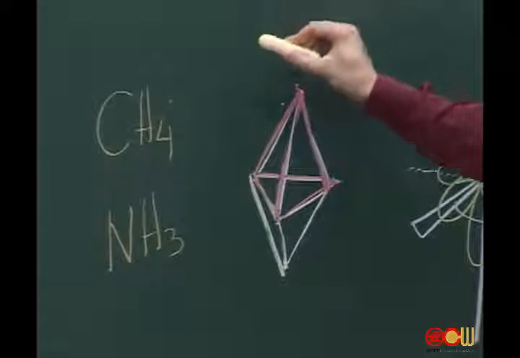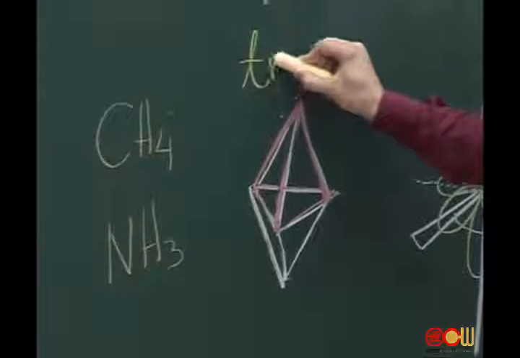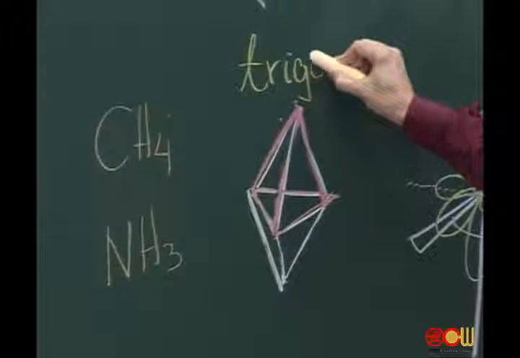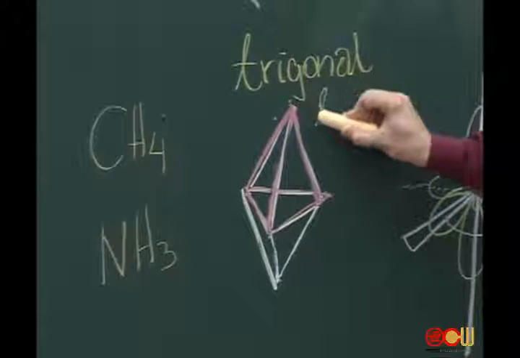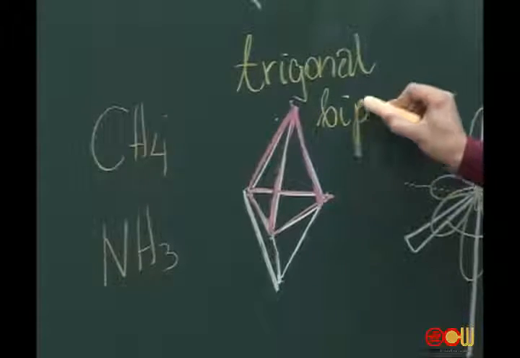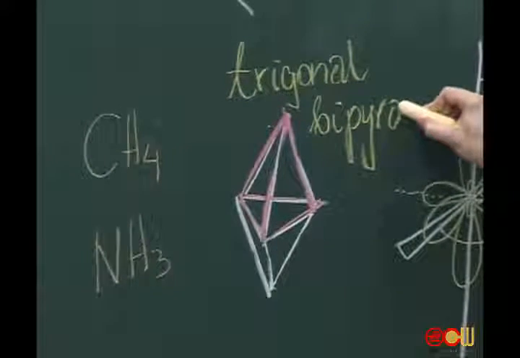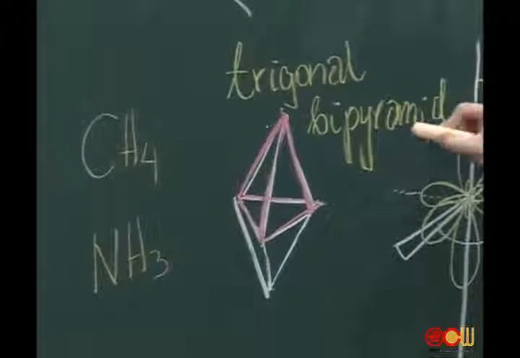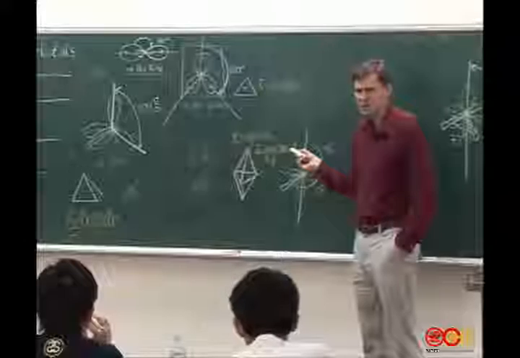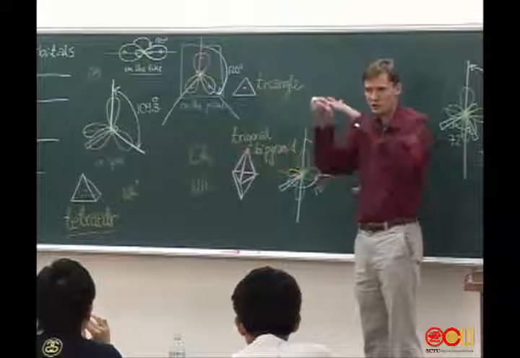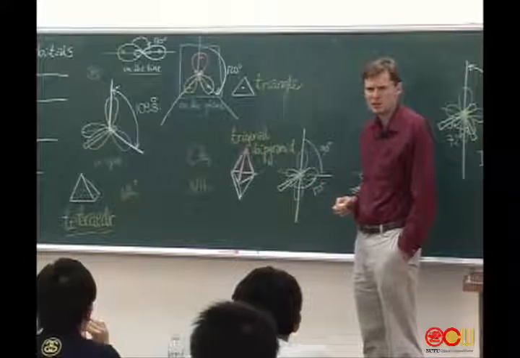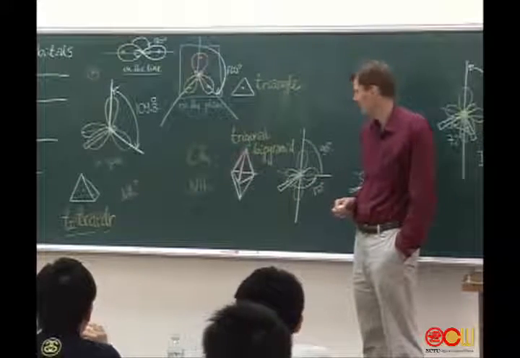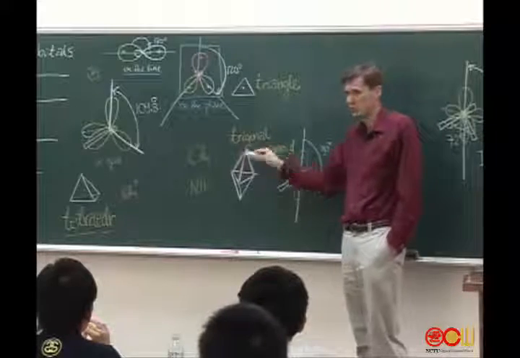So it's called trigonal bipyramid. You know what a pyramid is? It's in old Egypt. They have the shape like that. I don't know how to say it in Chinese. Okay, so bipyramid, there are 2 of them.